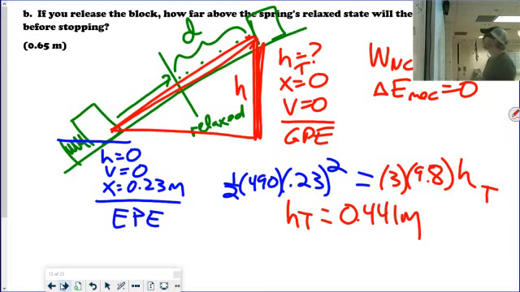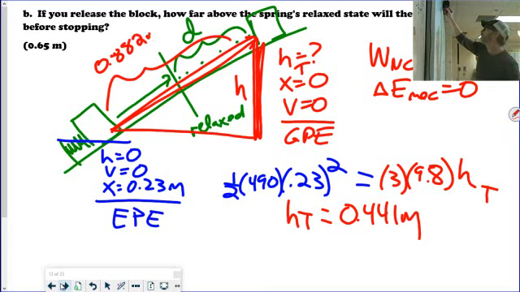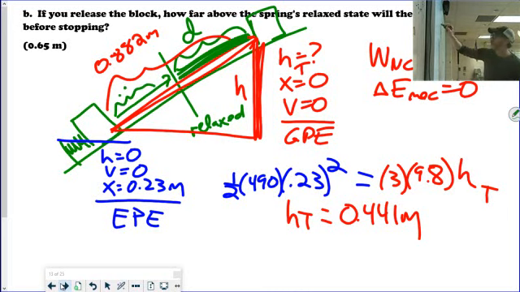So a little bit of trig tells me that the hypotenuse of this triangle is twice that, right? Because it's a 30, 60, 90 triangle. So this is 0.882 meters. But we're just looking for d. We're just looking for this chunk here, right? So we've got to subtract out the 0.23 meters.